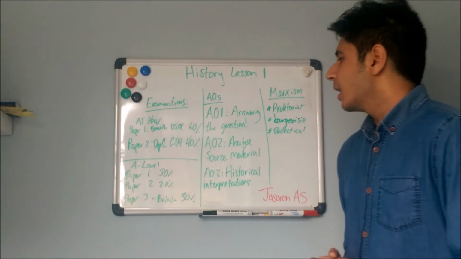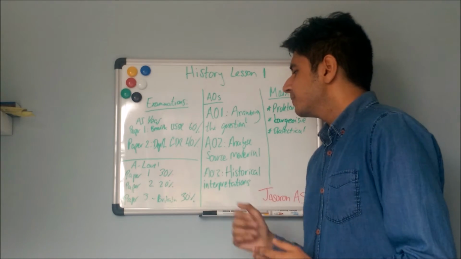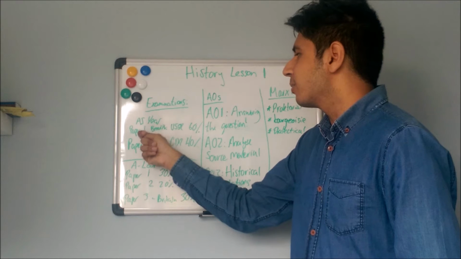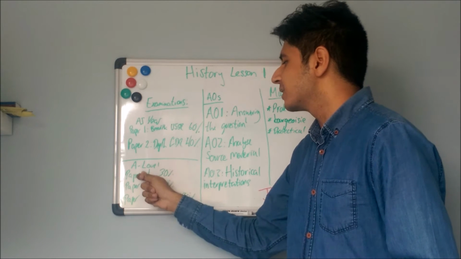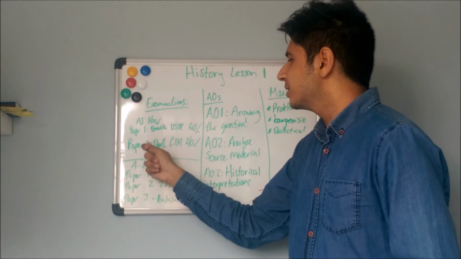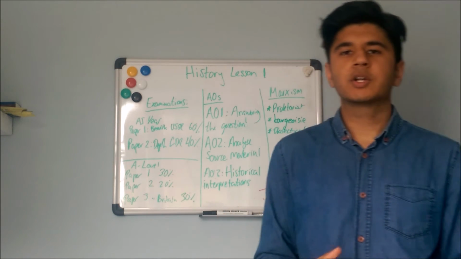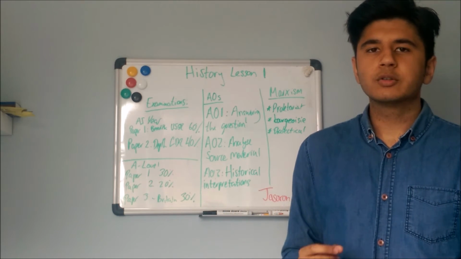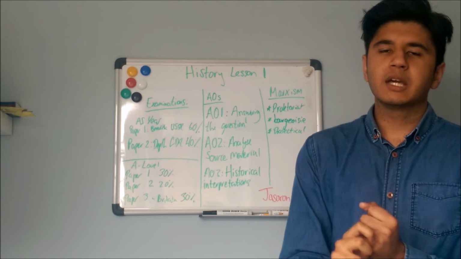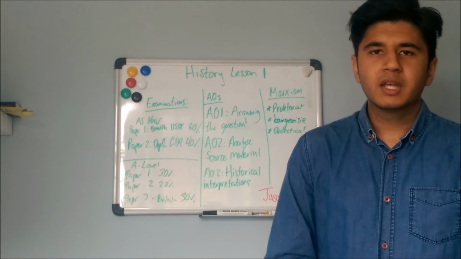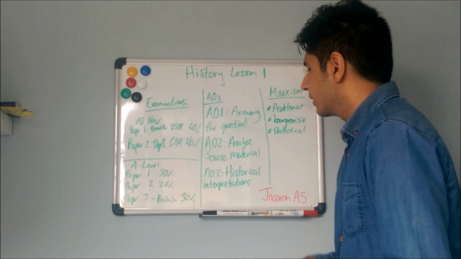Going on to A2, the content you study for paper 1 at AS is the same content for paper 1 at A-level or A2. Same goes for paper 2. Paper 3 is something I'm not going to go into much in this course. It's either going to be British warfare or British Empire, and that is worth 30%.